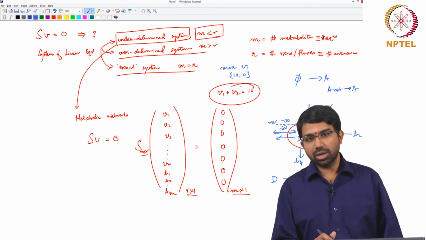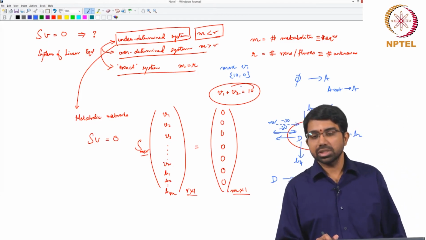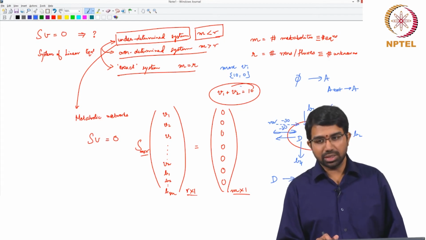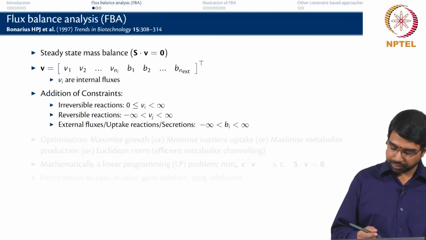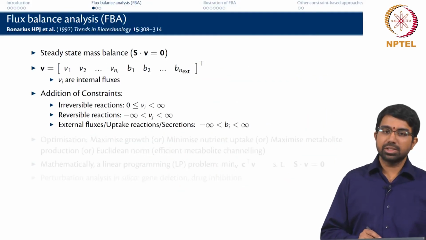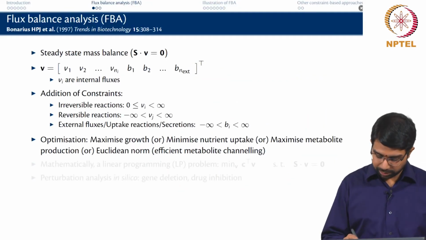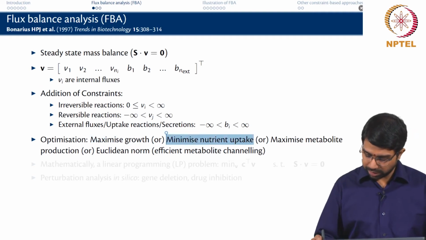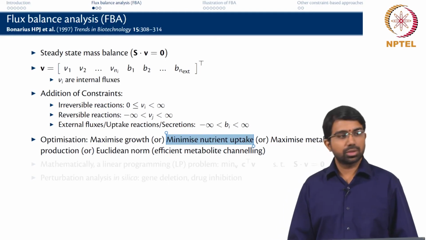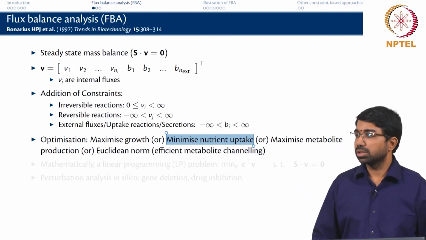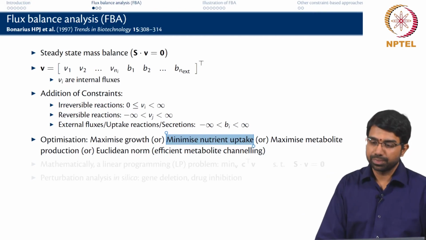So, it is easy to find potentially a unique solution, not necessarily always, when you start specifying an optimization criterion. Typically it has been found that if you try to maximize growth or minimize nutrient uptake, they are useful optimizations to carry out to find out what is the possible flux distribution.